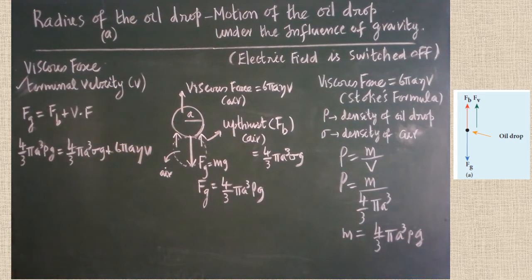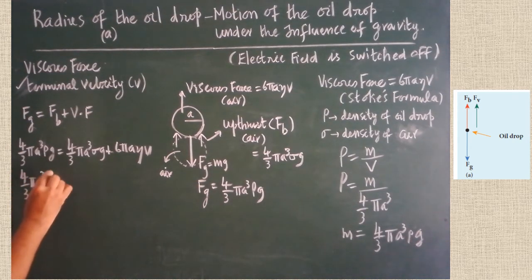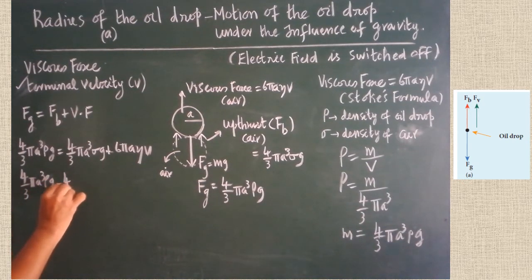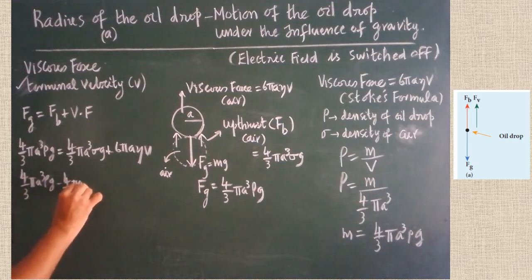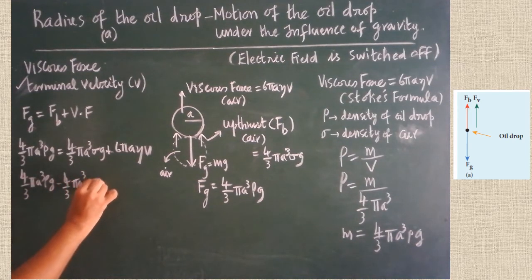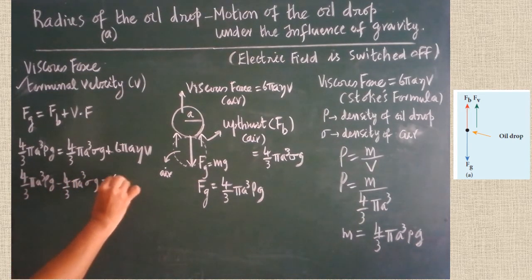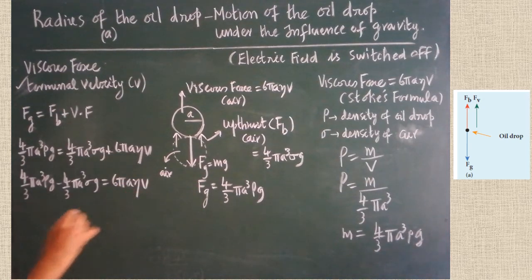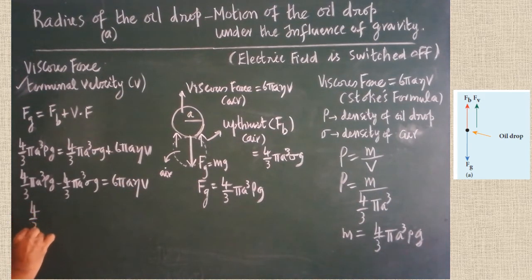The next step, bring this factor to this side, 4/3 pi a cube, so rho g minus 4/3 pi a cube sigma g is equal to 6 pi a eta v. 4/3 pi a cube g are common factors.